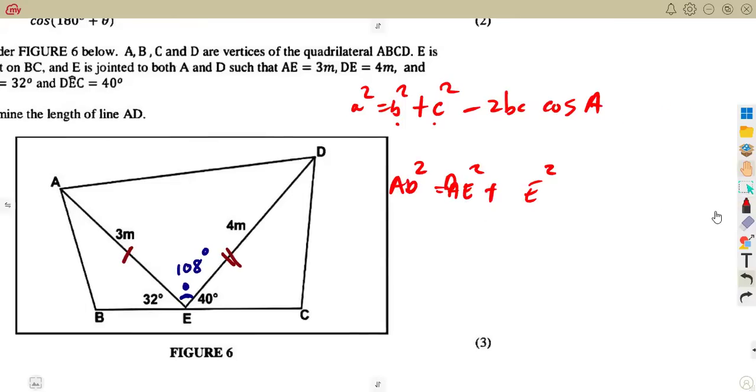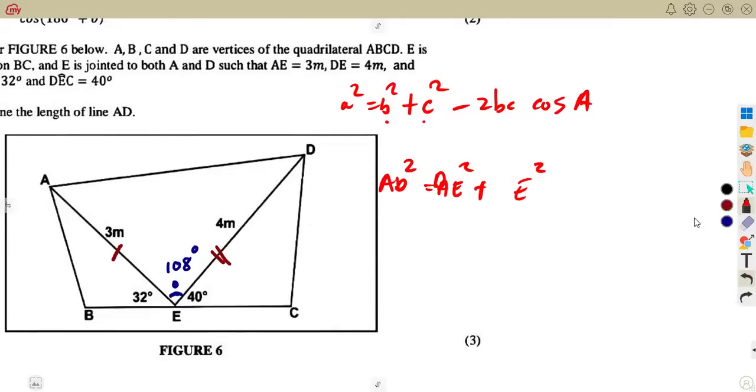So you say AE squared plus DE squared minus 2BC. It means those two sides again, the AE and the DE, multiplied here.